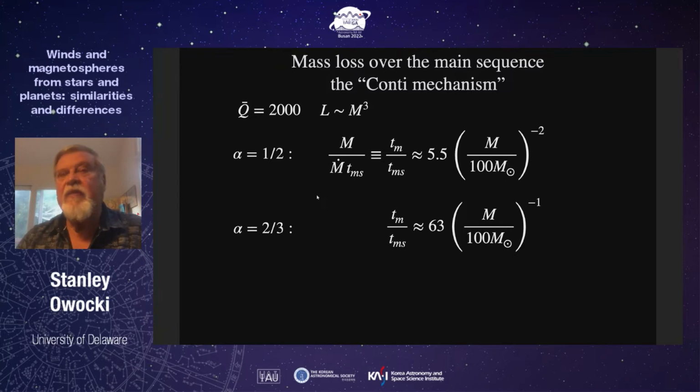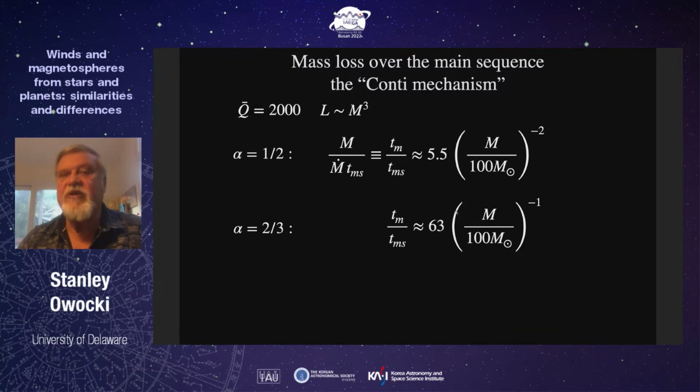And the key point I want to make here is that this depends a lot on what you assume about this power law index. If you assume the power law index is relatively small, about a half, then you get that, say, 20% of the mass of a 100 solar mass star will be lost on the main sequence. If you then take alpha equal to 2/3, then it turns out it's only a few percent of the mass that's lost.